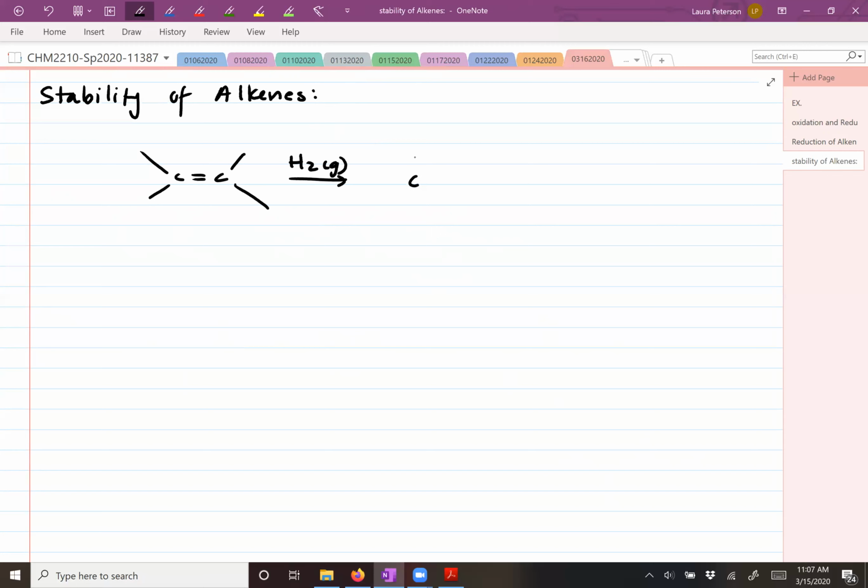So we're going to add our hydrogens across our carbon-carbon double bond, and this ends up being an exothermic reaction, meaning that energy is given off. And the amount of energy that's given off, the amount of heat evolved, is related to the stability of the alkene.